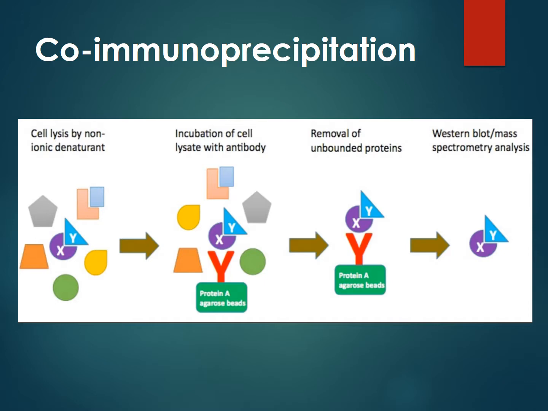And then you do some more heavy treatment by heating or using high salt, and you break the antibody bonds here, and you then do mass spec or Western, because we know the X, we're trying to find who's the Y. Who is the Y protein?